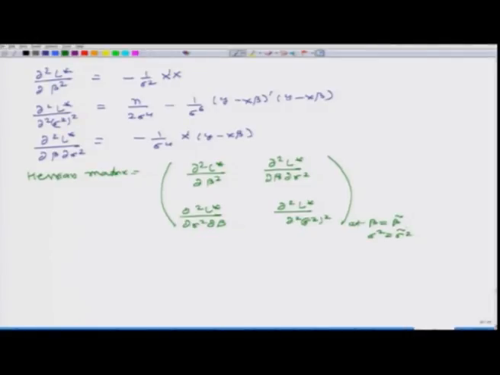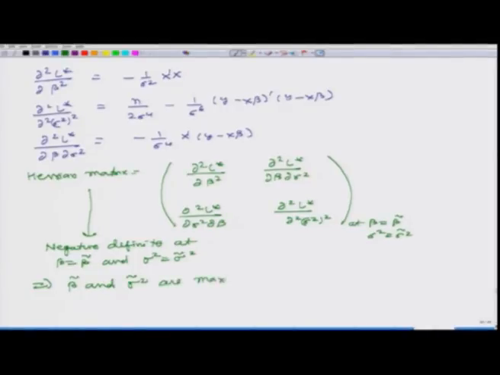And this Hessian matrix comes out to be negative definite at beta equal to beta tilde and sigma square equal to sigma square tilde. So, this implies that beta tilde and sigma square tilde are maximizing the likelihood function.